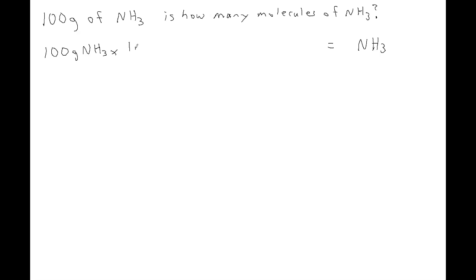And then you do the same thing, but you do Avogadro's number on top, which would be 6.02 times 10 to the 23rd NH3 over 1 mole of NH3. So then the grams cancel and the moles cancel.